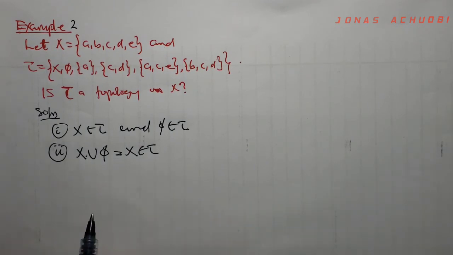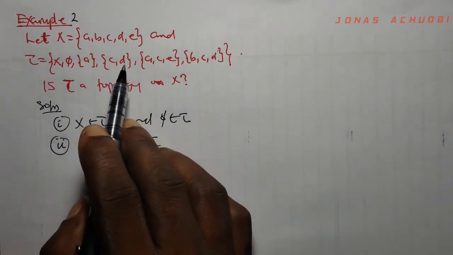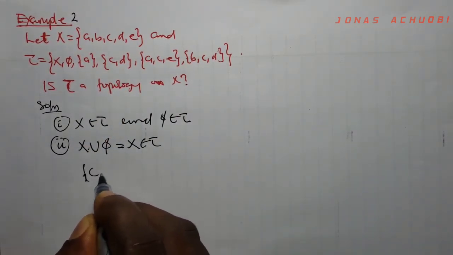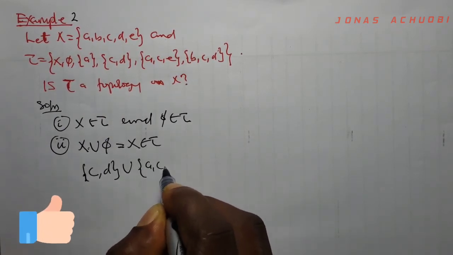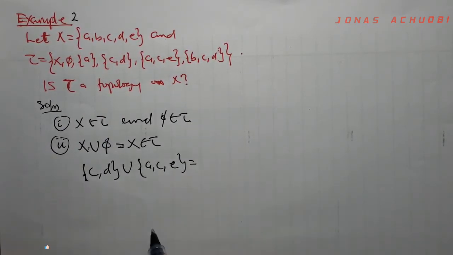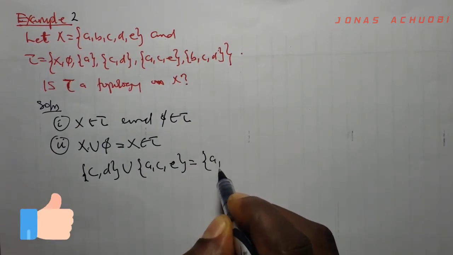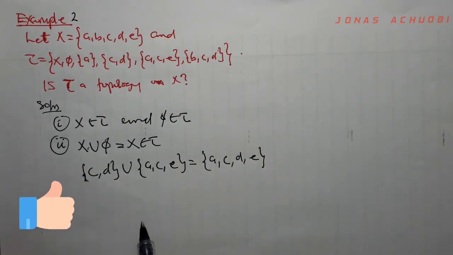So this is satisfied. Let us pick another pair and see what happens. Let us pick CD and ACE. So if we pick the pair, the open set CD, and take the union with the open set ACE, what do we get? The union of CD and ACE is simply A, C, D, and E. We will now check.